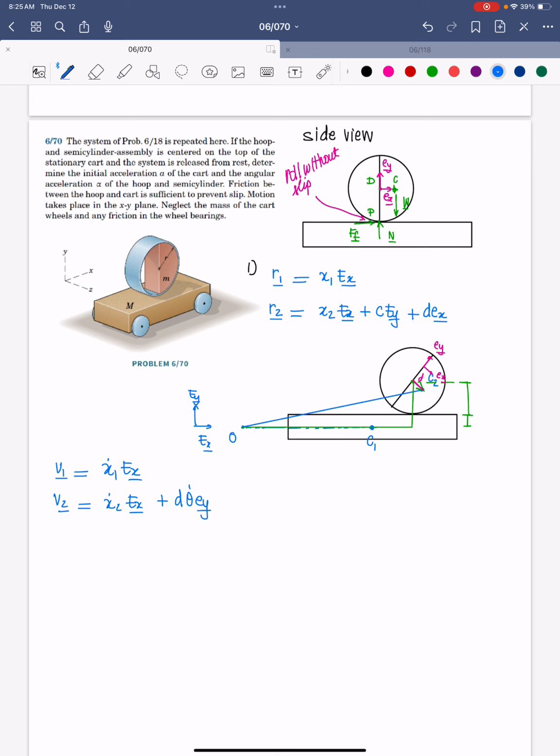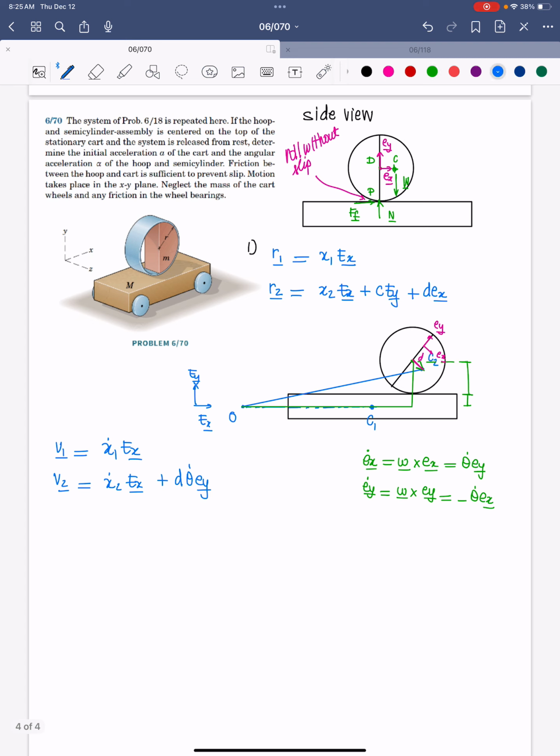Remember that for the rotational bases, ex dot is omega cross ex, which is theta dot ey, and ey dot is omega cross ey, which is minus theta dot ex.